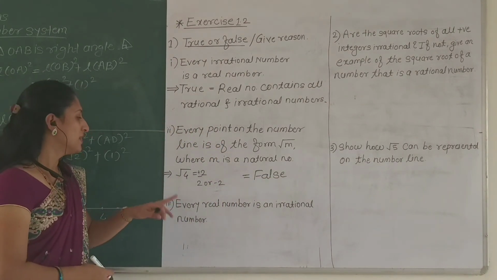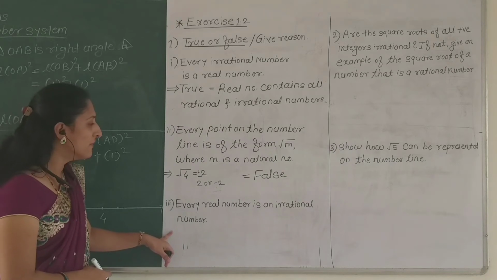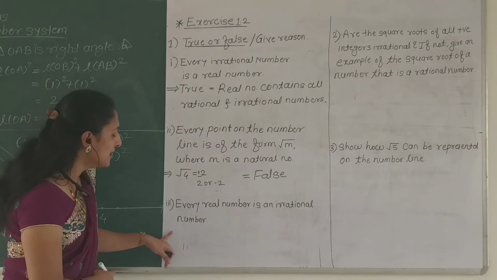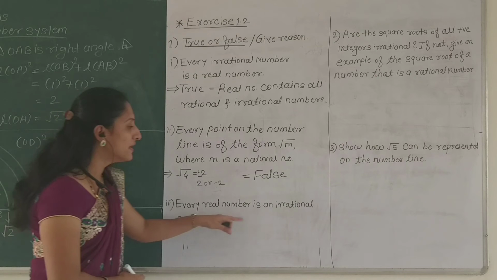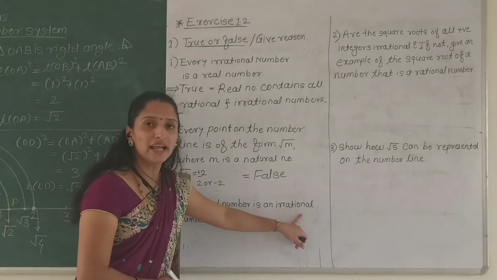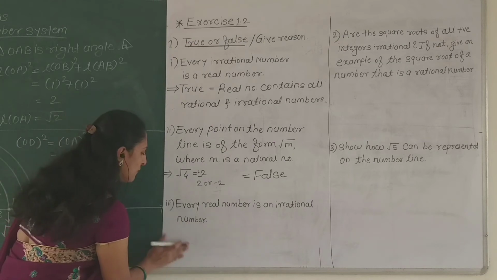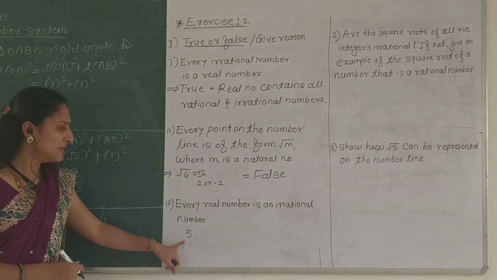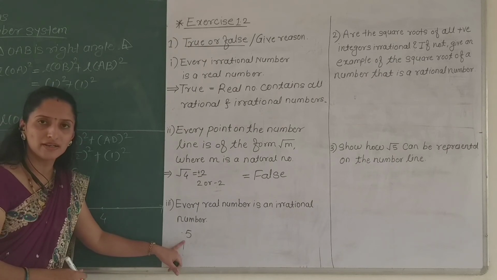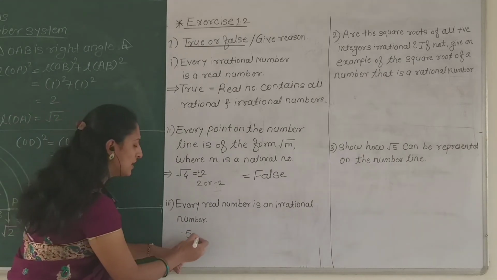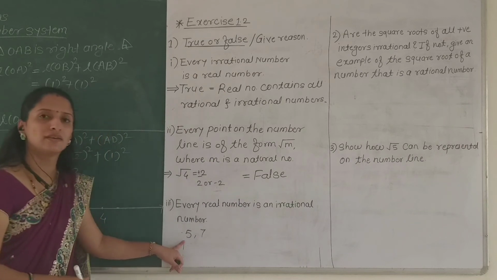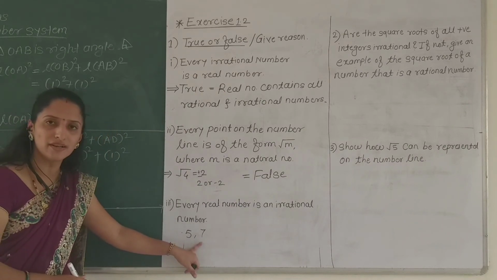Now the third statement is: every real number is an irrational number. Take one example here. 5 is a real number. Again 7: is 7 a real number?